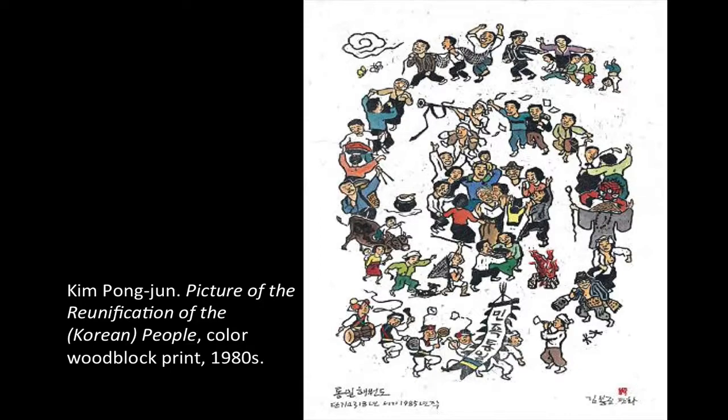He wanted Koreans to rediscover and appreciate their own traditional culture, which is why he employed woodblock printing, a traditional Korean art form. He was also one of the Minjung artists who initiated the performance of traditional Korean mask dance and traditional drum music, both of which you can see here depicted in this print. The engagement in traditional cultural activities was believed to help Koreans to reverse the process of alienation and rediscover their own culture.